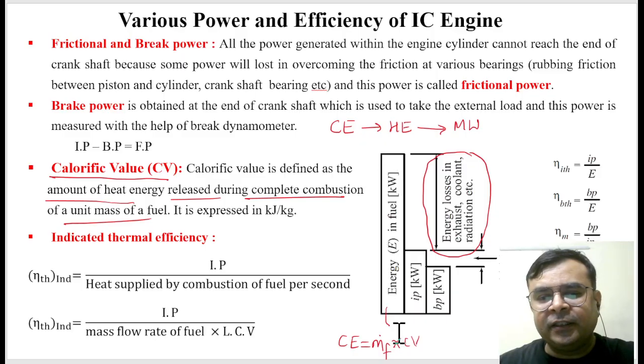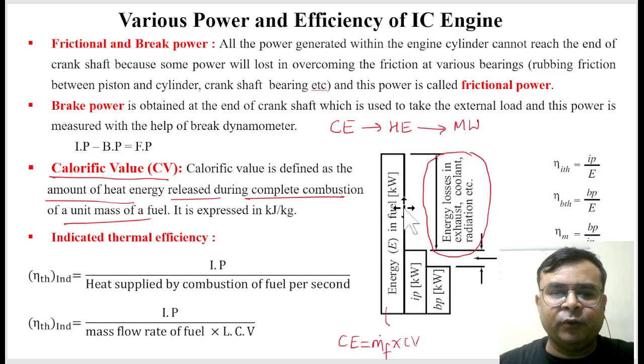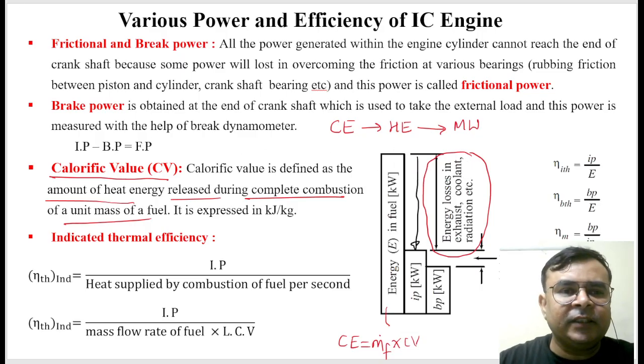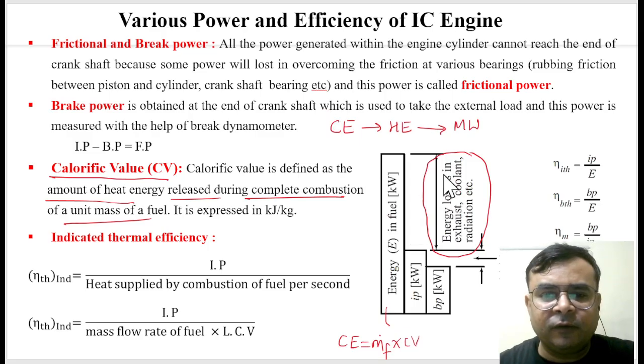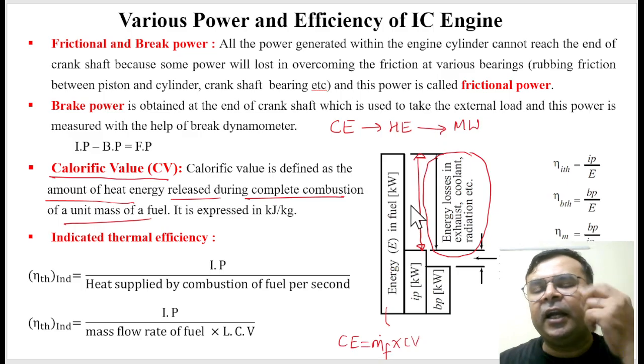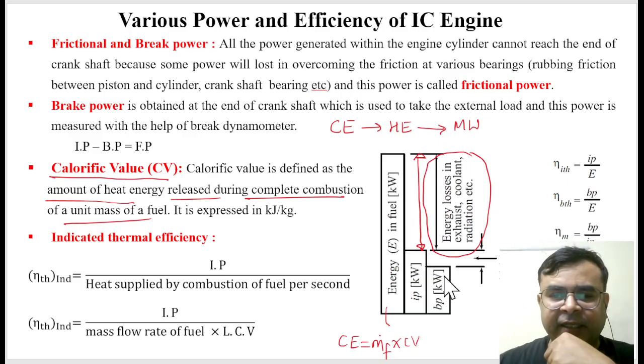This is the energy produced by the combustion of the fuel, this is the energy produced in the piston cylinder by the reciprocating of the piston, and this is the energy received in the crank. So this much energy gets wasted as heat released into the atmosphere directly from the piston cylinder arrangement and by the exhaust gas, yes or no?